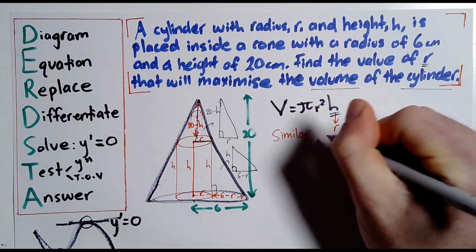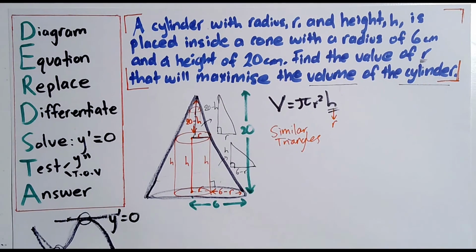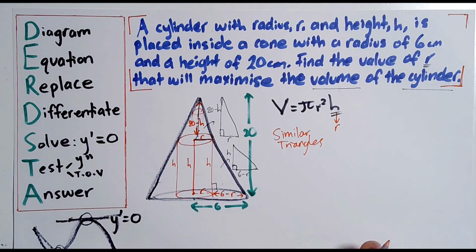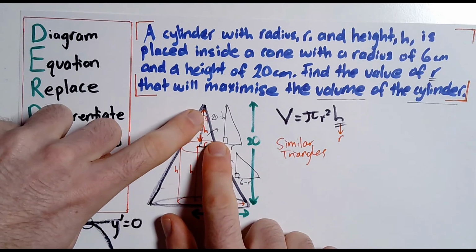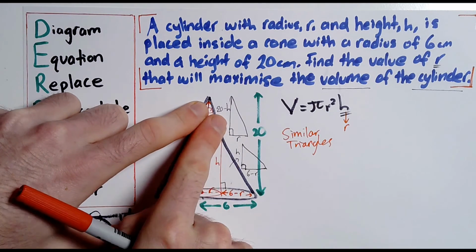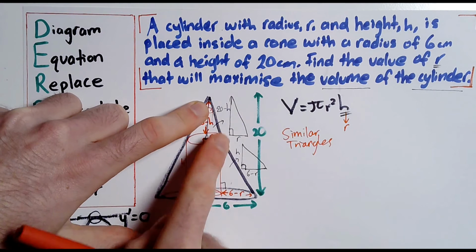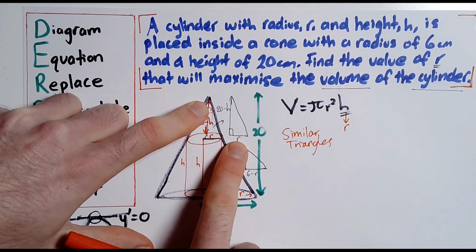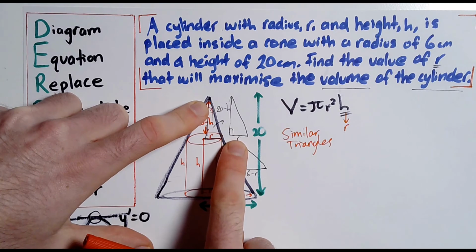You have similar triangles. And a triangle that is similar to another one doesn't mean it's the same. It's not a congruent triangle, but it is a triangle that has the same ratio of sides. So, for instance, if this triangle is bigger than this triangle and they're similar, it just means that whatever this side is divided by this matching side in the other triangle, that ratio is the same as this side of this triangle proportionate to this side.